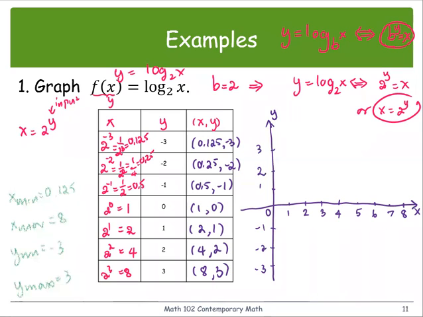And next, we're going to plot the ordered pairs on the xy plane. The first one, if x is 0.125, y is negative 3, so it's very close to the y-axis. Next one, x is 0.25, y is negative 2.